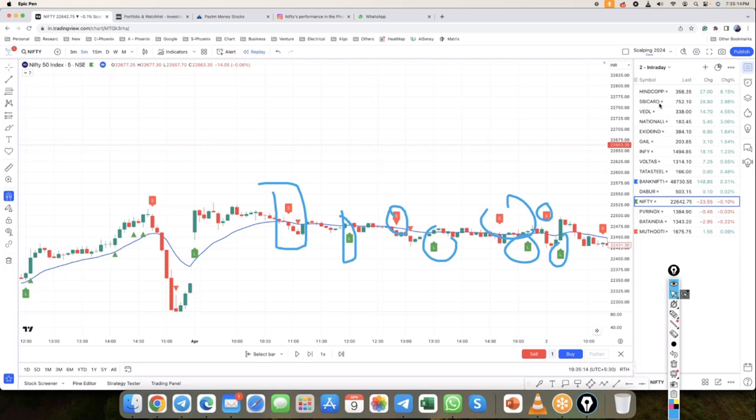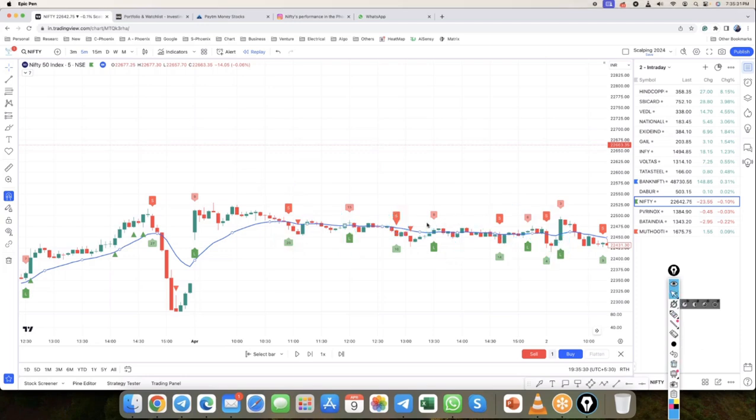To get that kind of information, we have added a numbering system in every signal. So what does it mean? It means this signal is getting generated within 8 candles, within 14 candles, within 13 candles, within 6 candles, one more signal within 4 candles, one more within 3 candles.